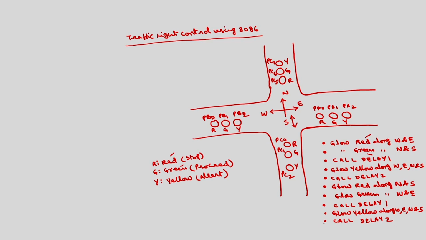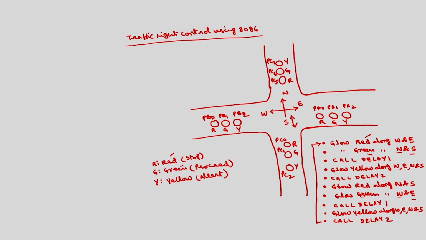So you have to repeat this program, and you have to go from here again: you are sending the green on west and east, now you have to send the green on north and south. So from here again you have to repeat this step, and this is an infinite loop. So this will move in an infinite loop.